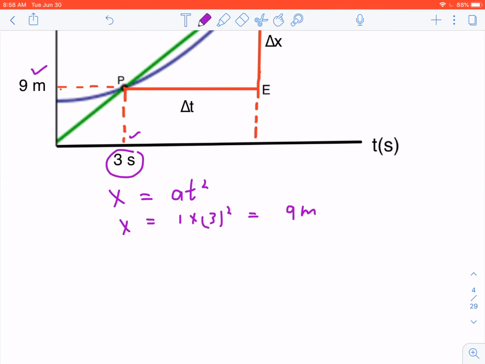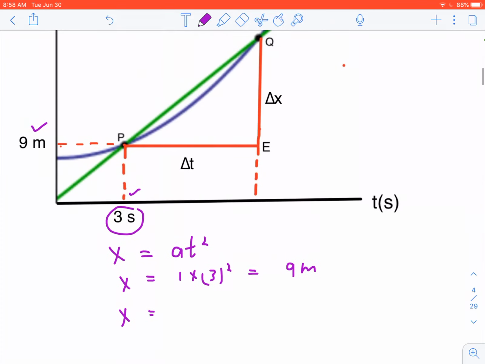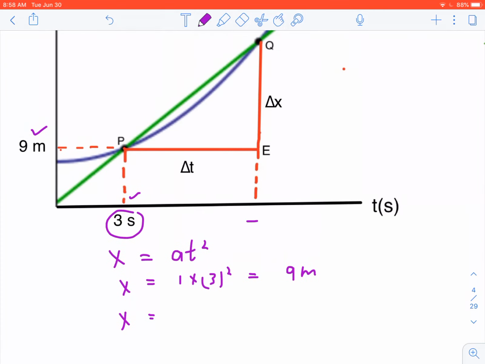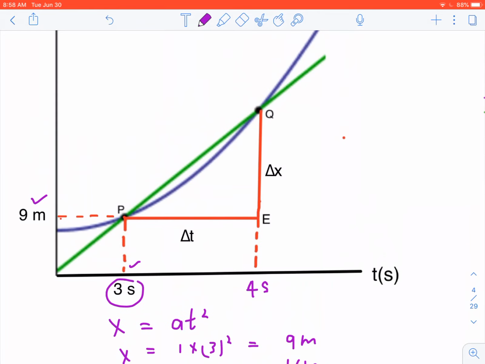And let's take another point. Say we want to determine x at 4 seconds. So let's say this is a 4-second mark. That would be 1 times 4 all squared, which gives us 16 meters. So at this point, x is going to be 16 meters.